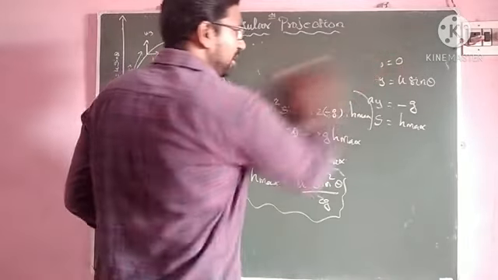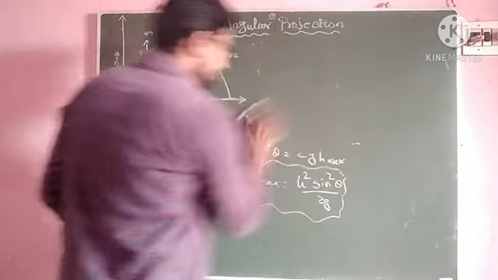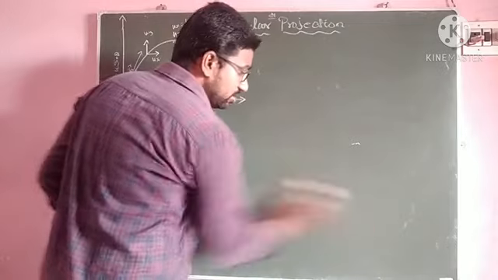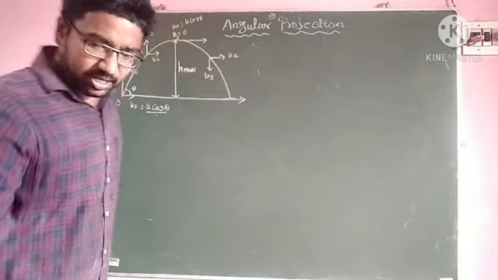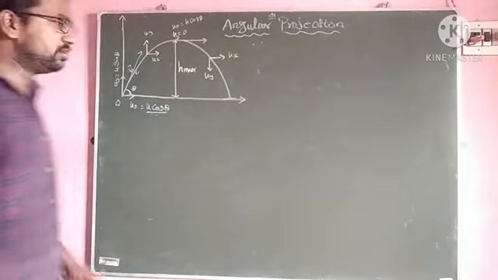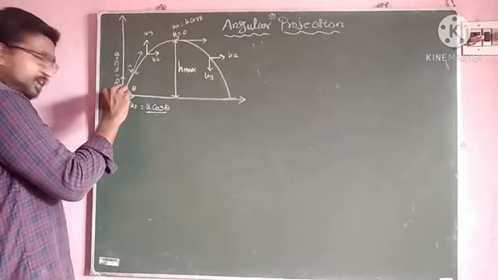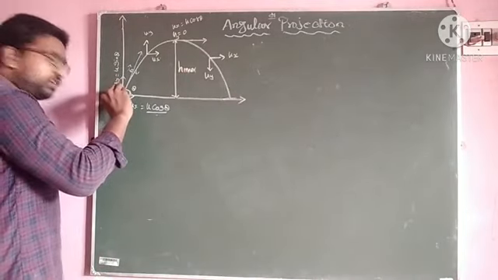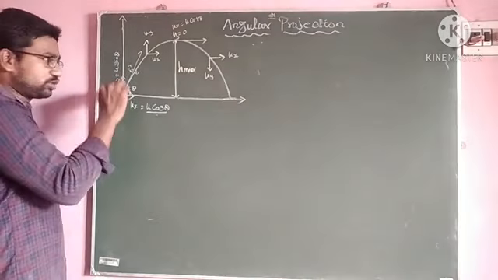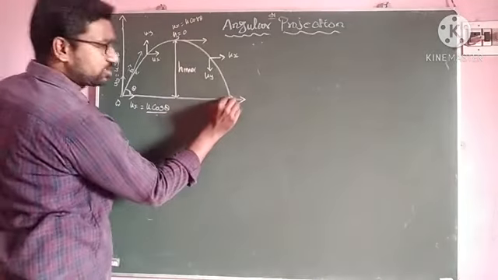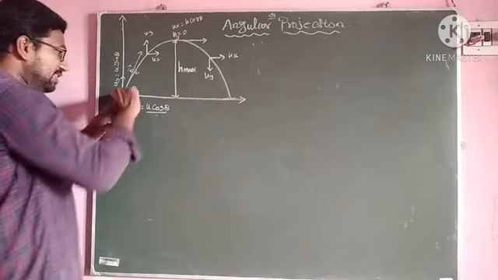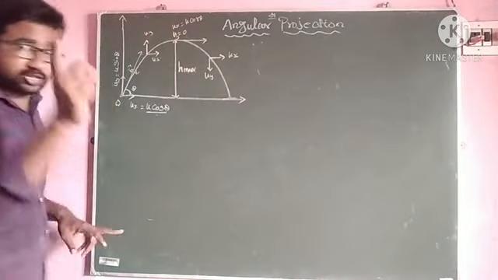What is time of flight? In a horizontal projection, we already told you the time taken by the projectile to hit the ground. Am I right? Here, the time taken by the projectile from the starting point, that is the foot of the tower, to again hit the ground at some point. So this much time is traveling. Am I right, student?